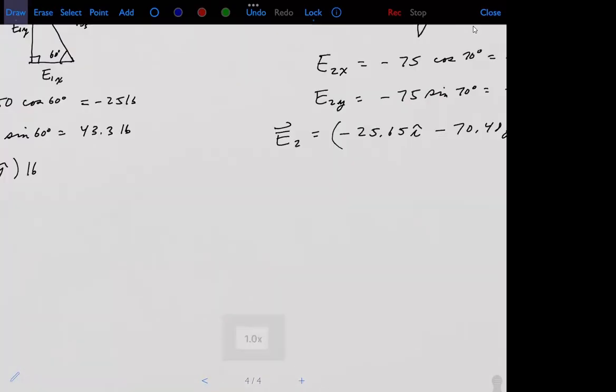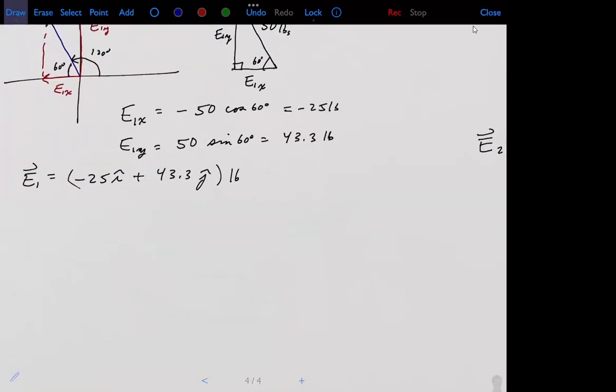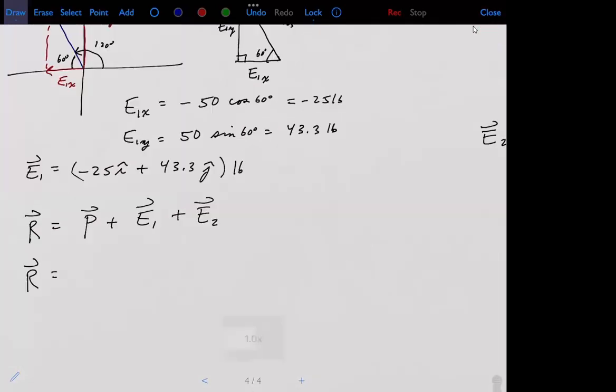Okay, so now R, my resultant vector, is going to be P plus E1 plus E2. So P though was what? It was, oh yeah, 100 i hat plus 0 j hat.